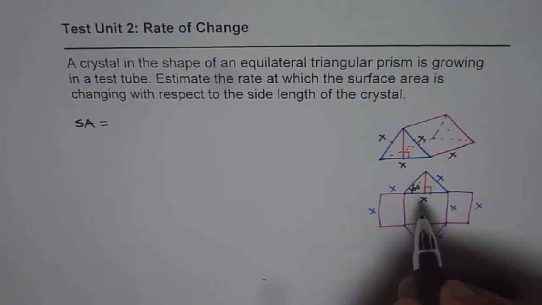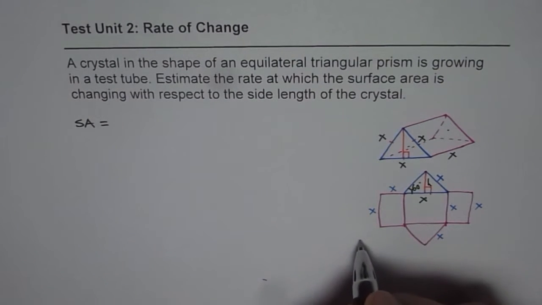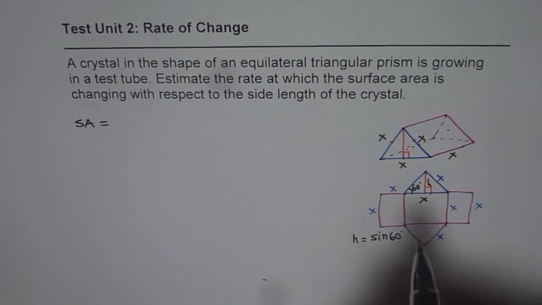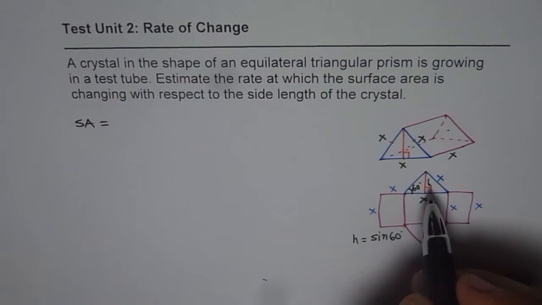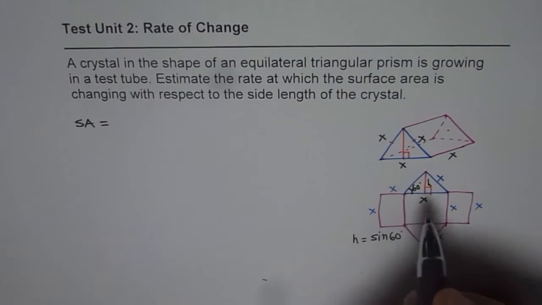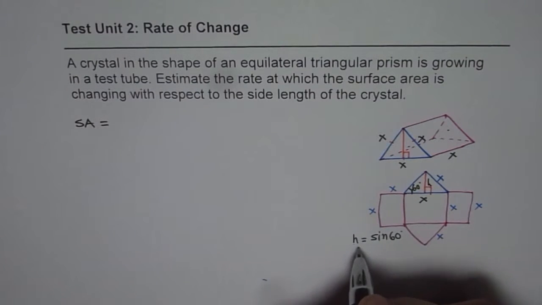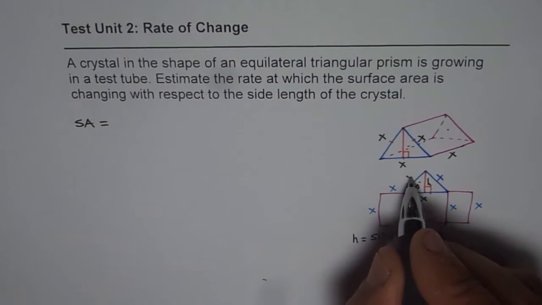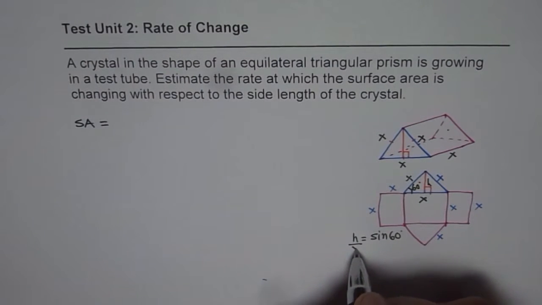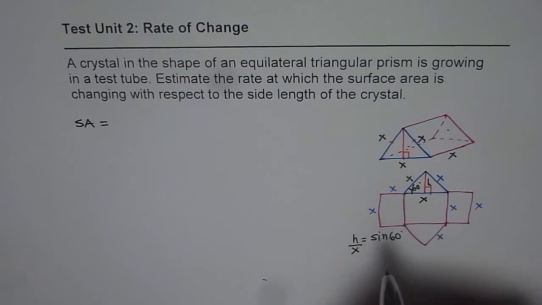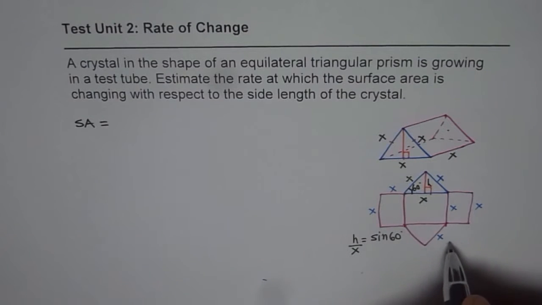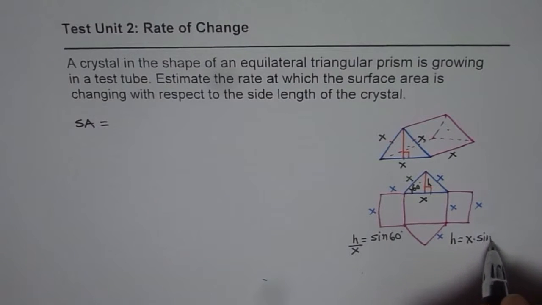The other way to find the height, let me write h here, and let me write height in this case is equal to sine of 60 degrees times hypotenuse. Since h over x, which is the hypotenuse, is equal to sine of 60 degrees. So we can write height as equal to x times sine of 60 degrees, correct?